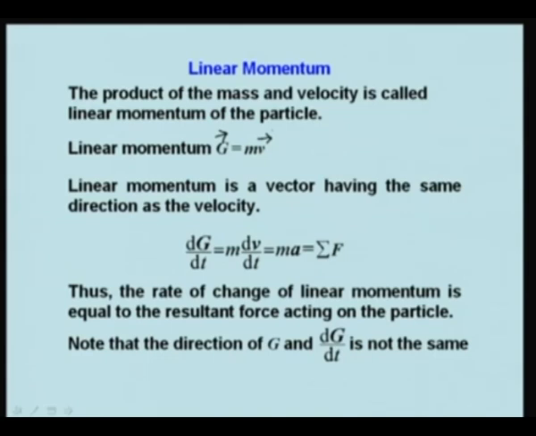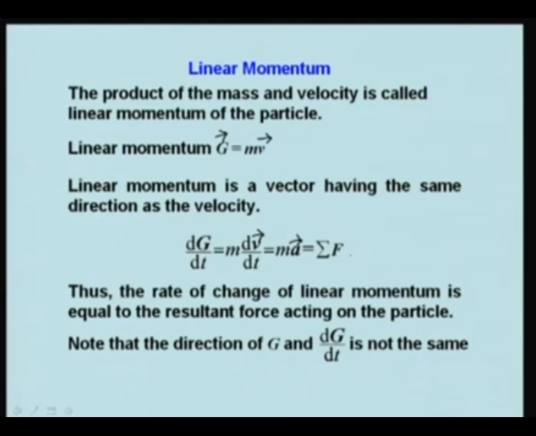Now, if you differentiate the linear momentum with time, you get mass into dv by dt. If the mass is constant, this becomes equal to mass times acceleration, which is equal to sigma f by Newton's second law.